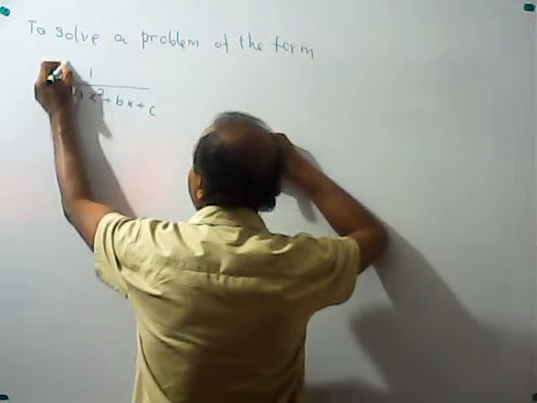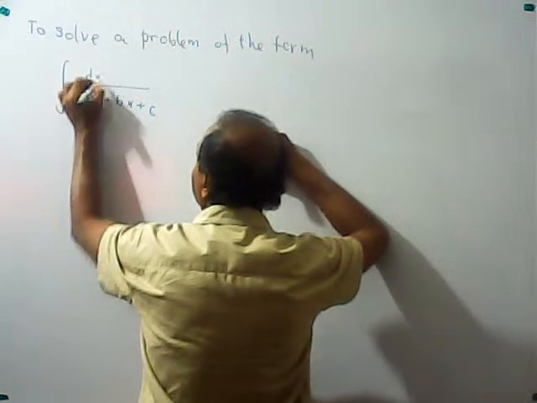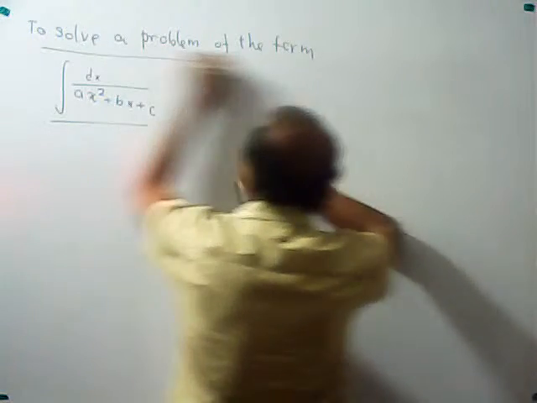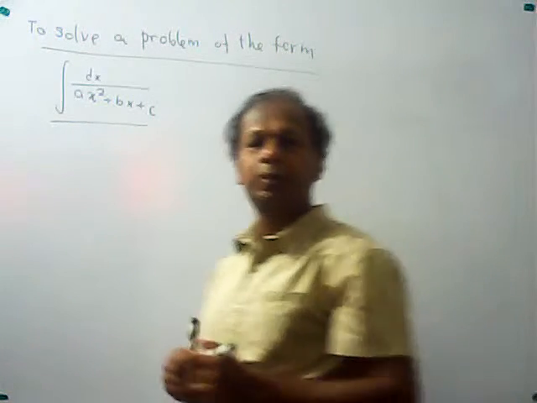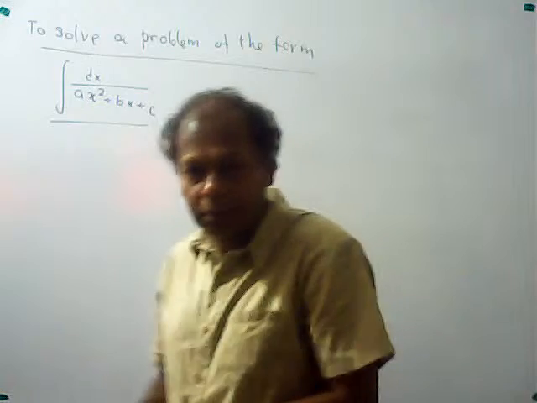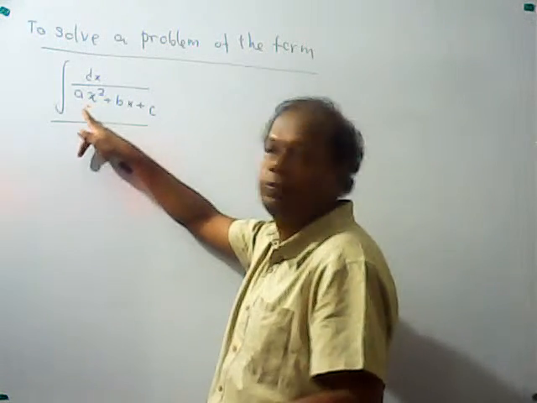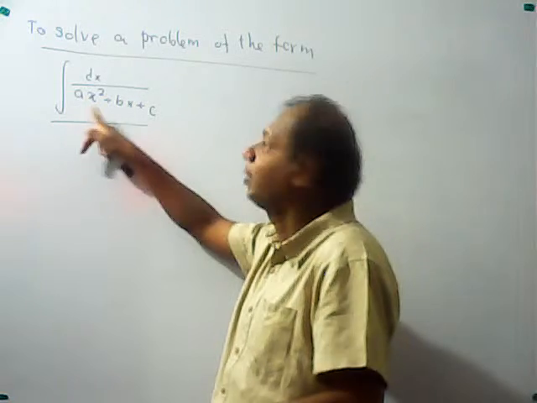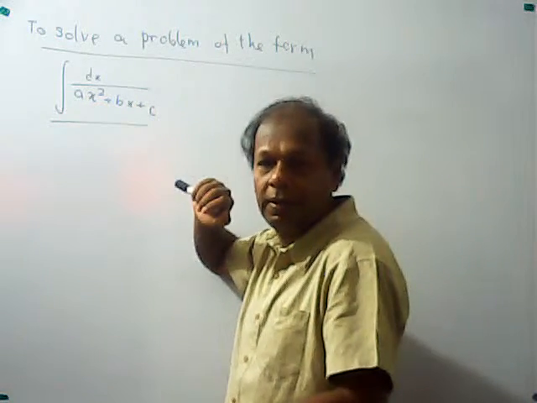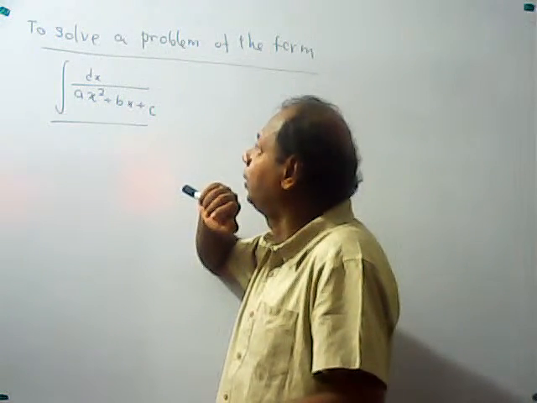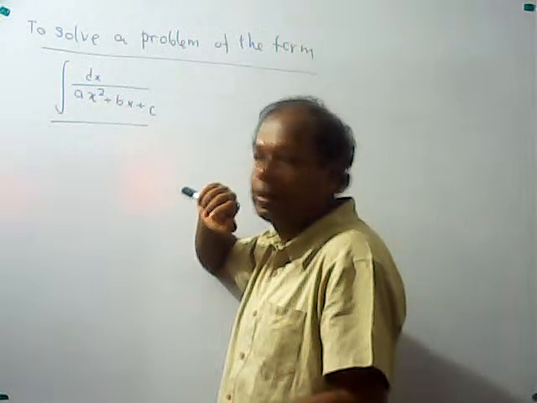This is what you have to integrate with respect to x. You are given a function 1 over a quadratic, ax squared plus bx plus c. Then how to integrate this? Right, the method is this.